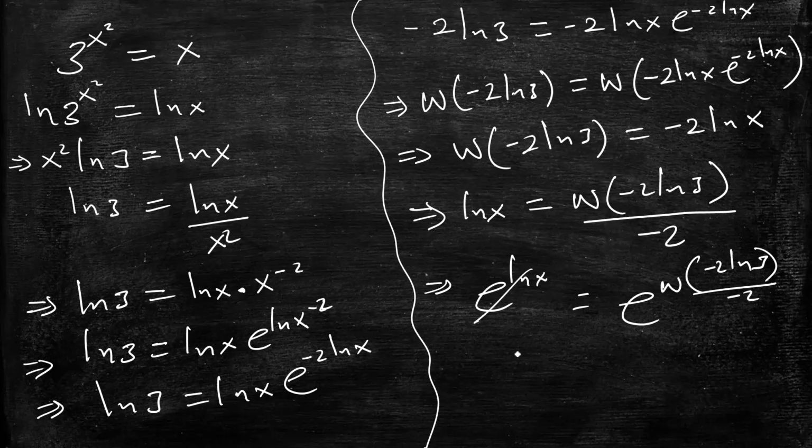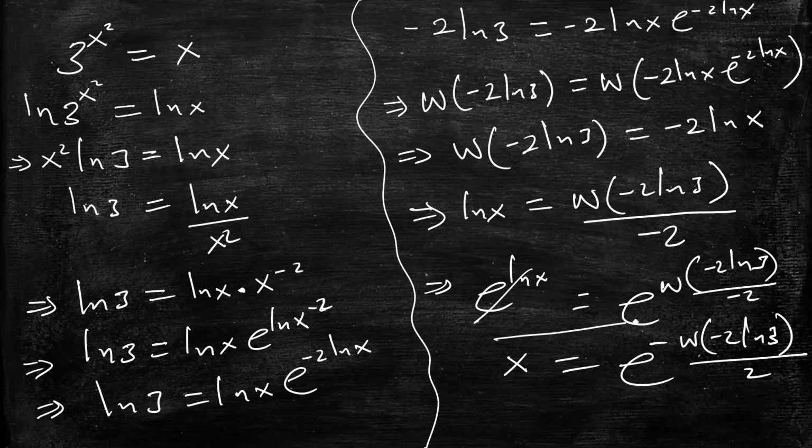So this side will leave x equals, and you can choose to write this one as e raised to negative ln of 3 all over 2. So this is the final answer.